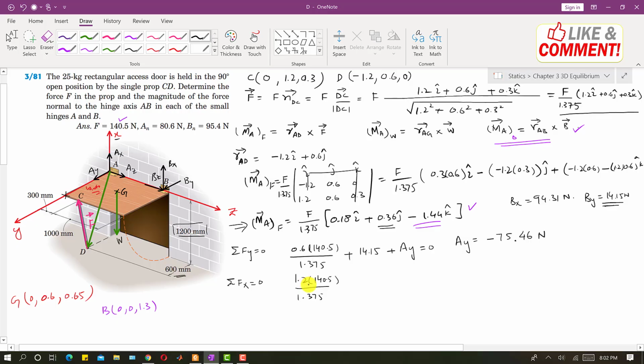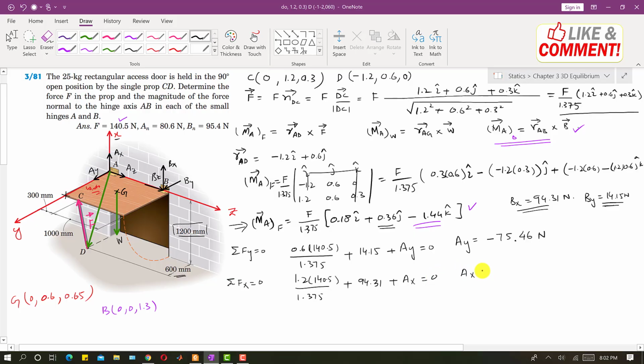So this is the component of the force F along X. Similarly we have this Bx along X, so we will write plus 94.31, and then plus Ax, and this is equal to 0.